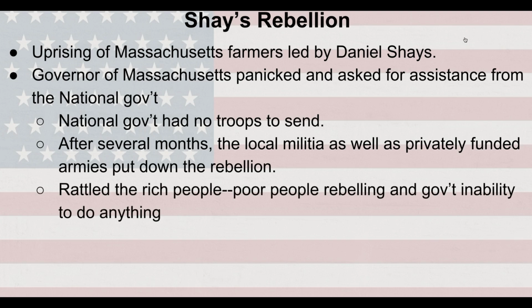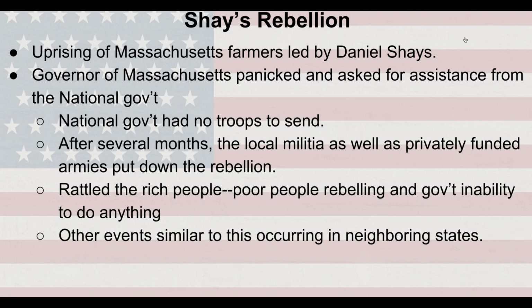And this is going to rattle the rich people. It's the poor people that are rebelling, and the government has an inability to do anything about it. And so they're having to protect themselves, and apparently this is not something they can rely on the national government to help them with. So it's really going to rattle the rich people.